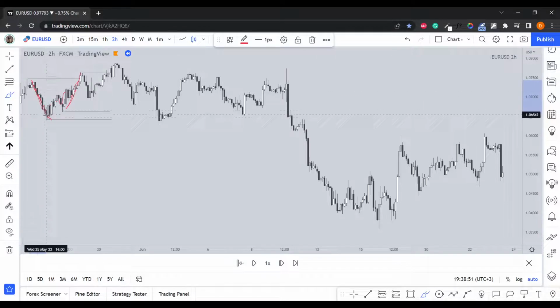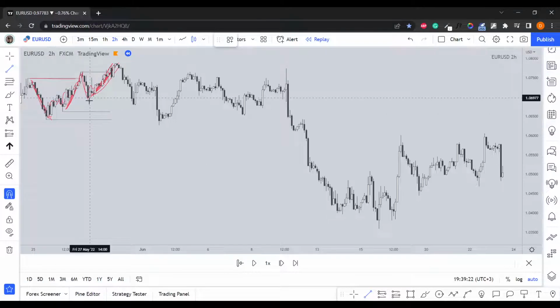So we had this down push, and then inside structure, and this up push broke the previous structural level. Now we have this bullish push and inside structure, which eventually got broken by this push. So the structural legs look like this: down, up, and up, down, up, and up.